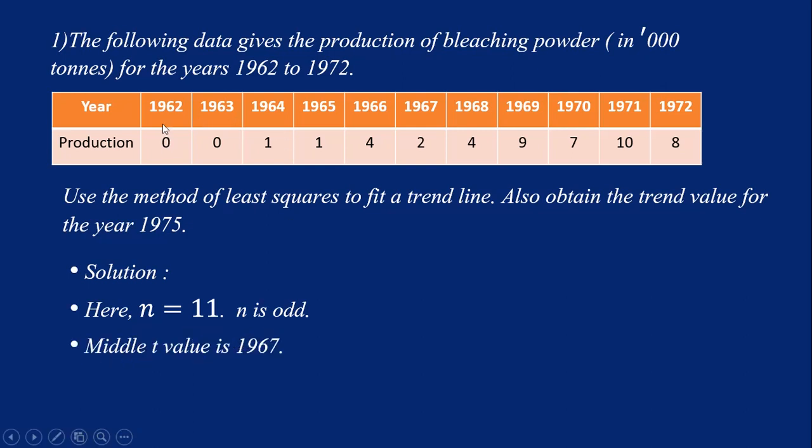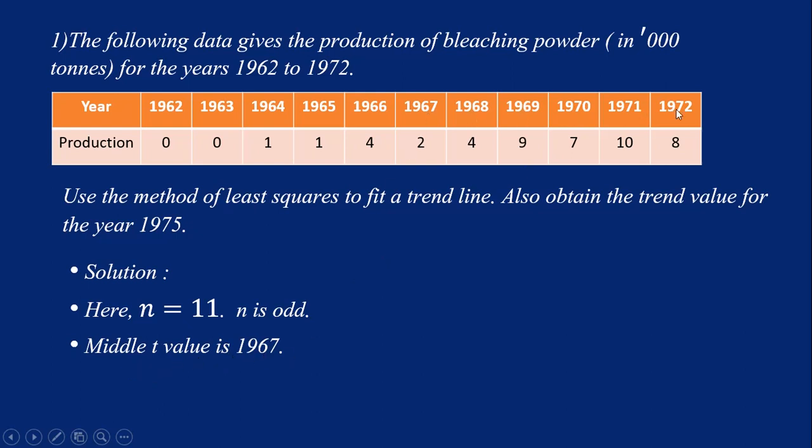So we find the middle value. Now if n is 11, the middle value will be the 6th value, 1 2 3 4 5, and this 1967 is the middle value of all these values of t.